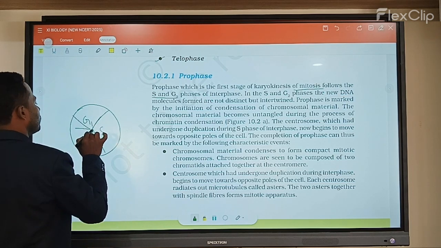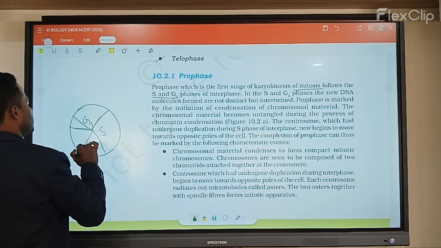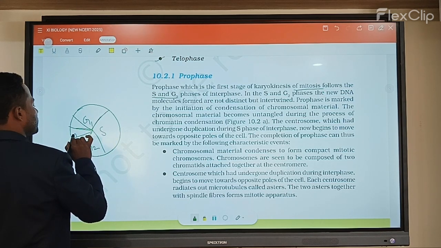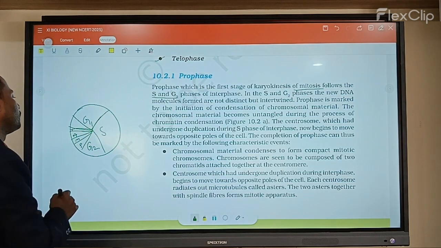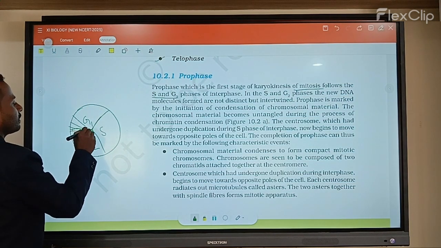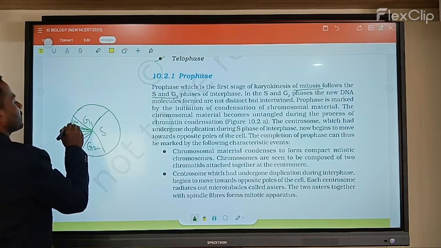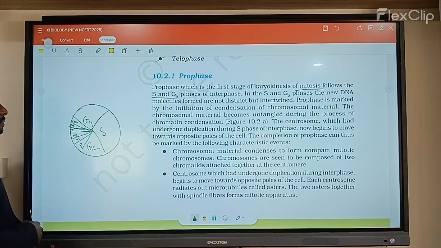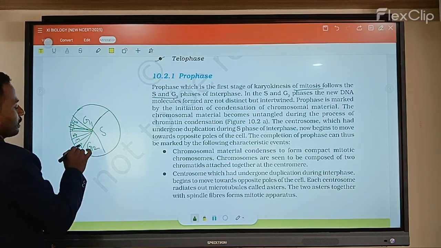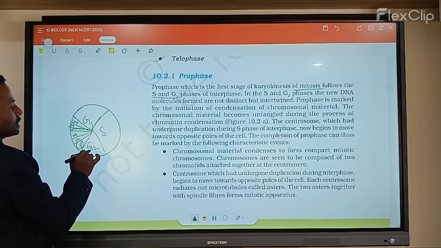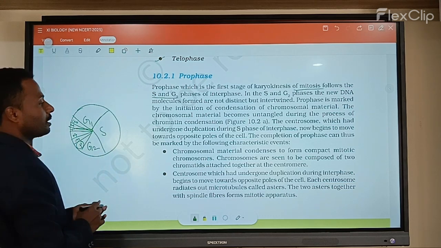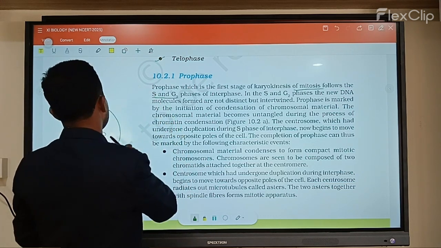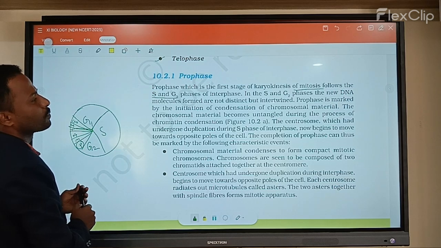Then the M phase has prophase, metaphase, anaphase, and then telophase. Then there is the G0 phase, and here cytokinesis takes place. So the prophase is present between the G2 phase and the M phase.